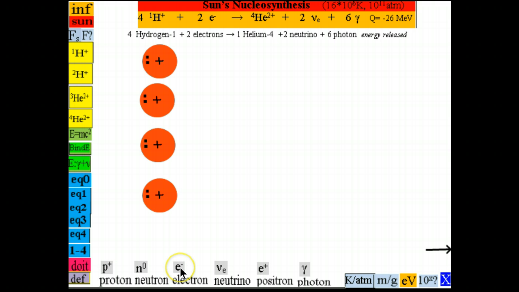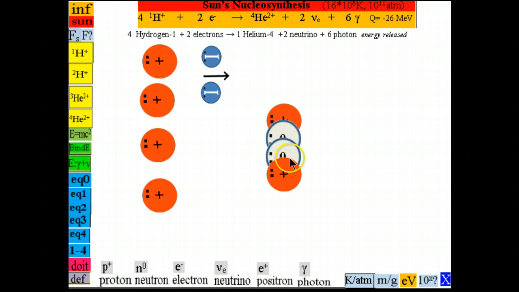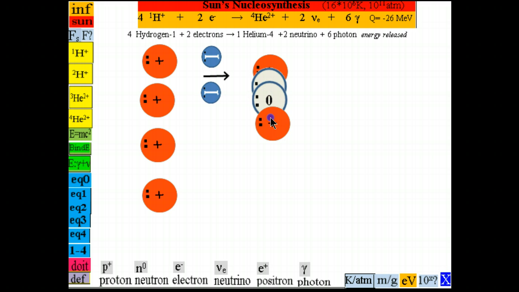Now we have to add 2 electrons, and we double left click on E minus down here, and we get 1 electron, and we get another electron. And these together, these 4 protons and 2 electrons, will fuse into a helium-4 atom or nucleus. So we put them together to indicate that they are in a nucleus.